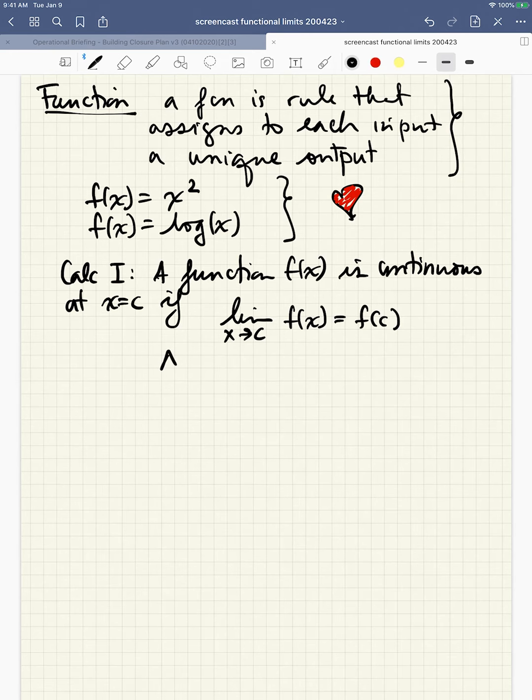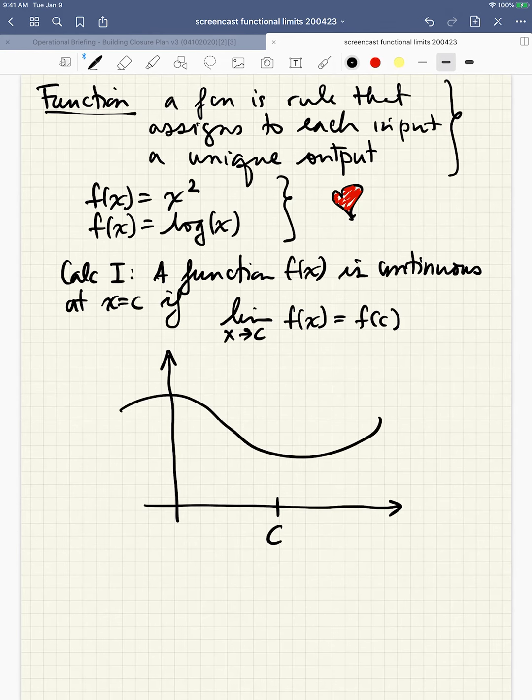And what that means is that if we have a function, its graph has no breaks or jumps, and it looks kind of like this. So here's where f of c is, the value of f of c. Here's where c is. Okay, and this is the picture right around here, right? In that little area, that's what a continuous function looks like at a point, right? Nice and unbroken.